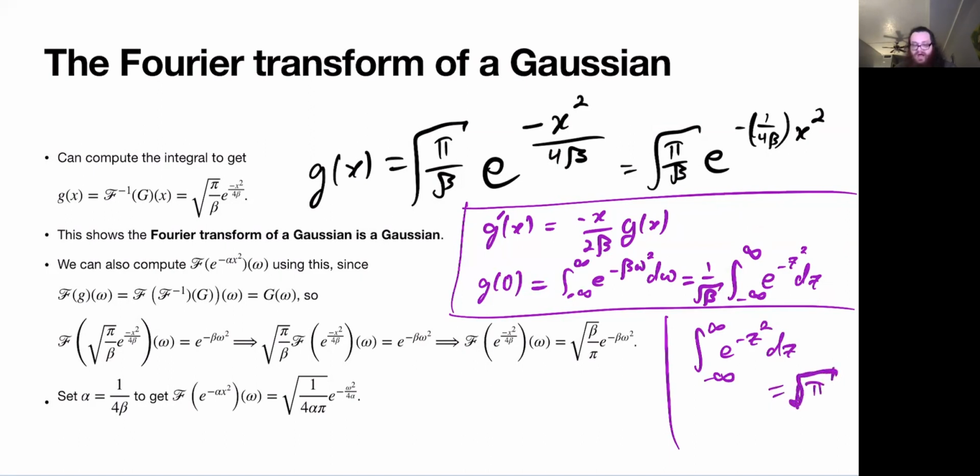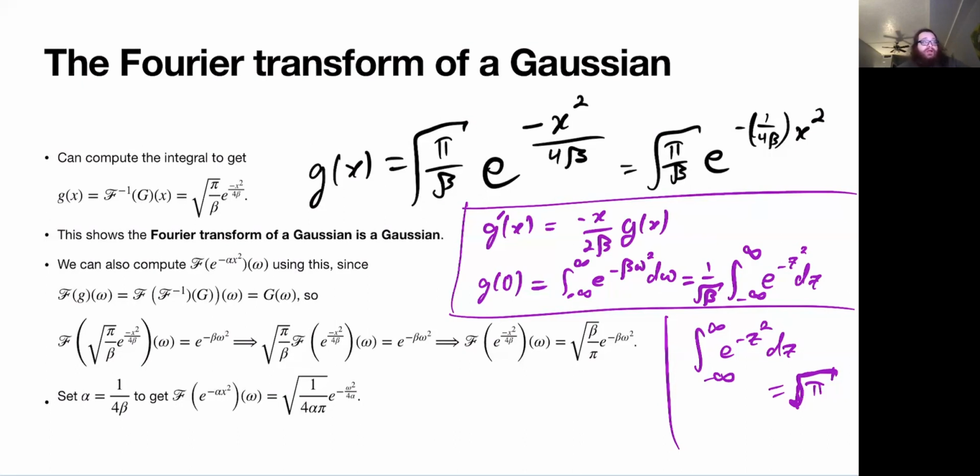This is something that's often taught in a multivariable calc course, where you say this integral is equal to some quantity I, and you square it, you're going to get I squared as some integral. Change to polar coordinates, you can actually evaluate it, you're going to get I squared is equal to pi, and so then take the square root.